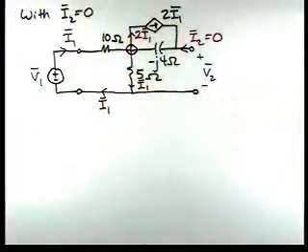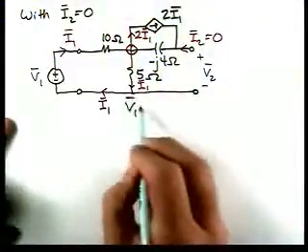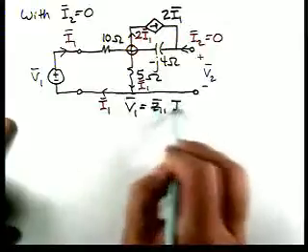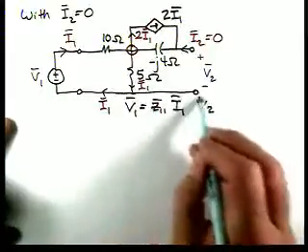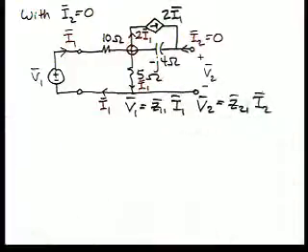So now we know the currents in all the branches, and what we're trying to solve for, remember, is V1 is Z11 I1, V2 is Z21 I1.